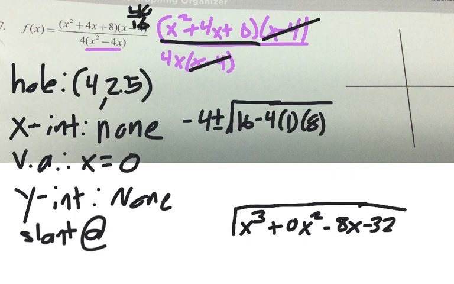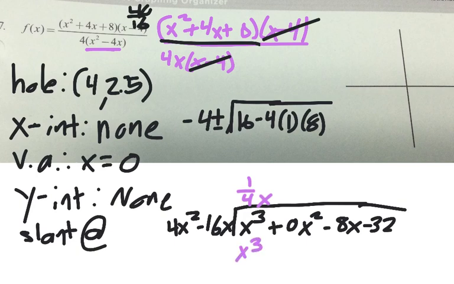This is being divided by 4x squared minus 16x. Now I've got a 4x squared, and I want it to become x cubed. So 4x squared times what is x cubed? It needs to be 1/4 x. 1/4 times 4 is 1, and x squared times x is x cubed.